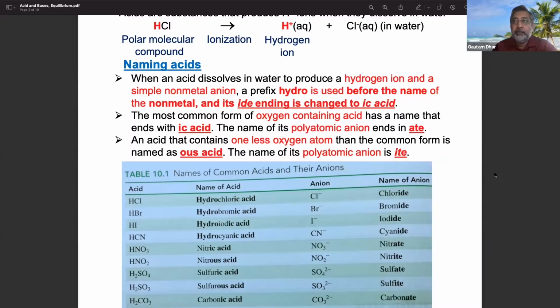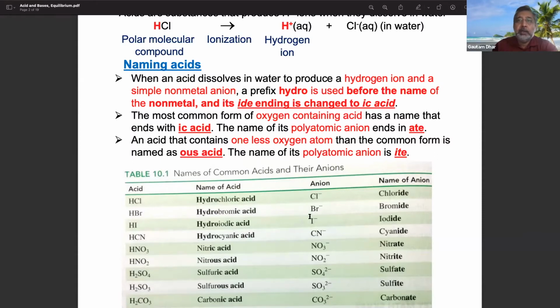So HCl becomes hydrochloric acid. Now, if it is HBr, we say hydrobromic acid. Okay, hydro added. That means it is produced from an anion which is basically a non-metal, or more clearly, it doesn't contain oxygen.